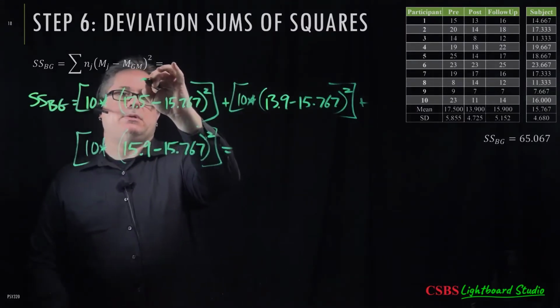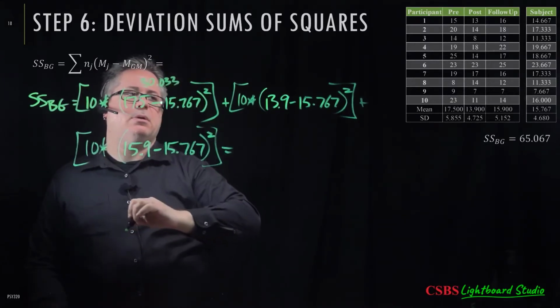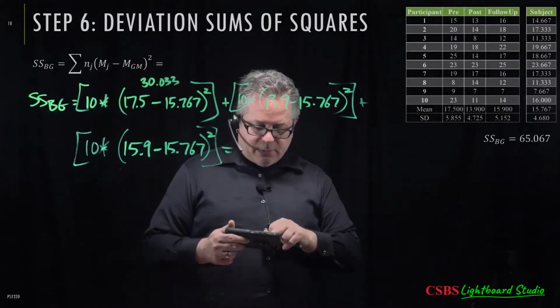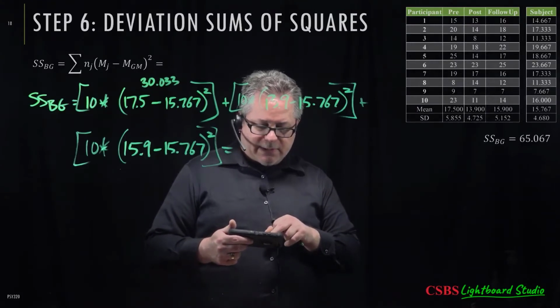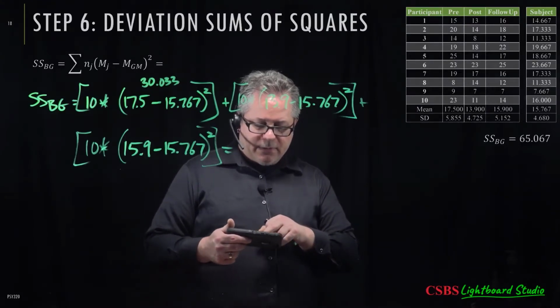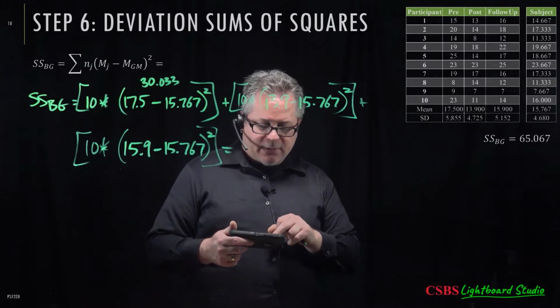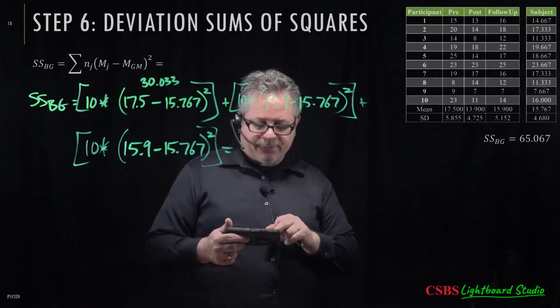So this is 30.033. 13.9 minus 15.767 equals negative 1.867 squared is 3.486 times 10 is 34.857.